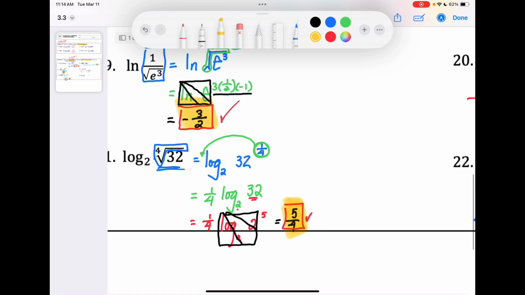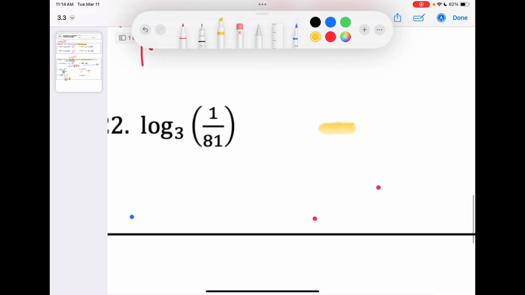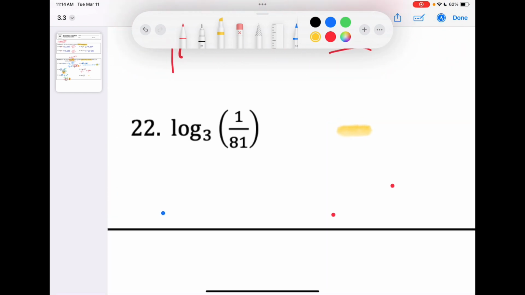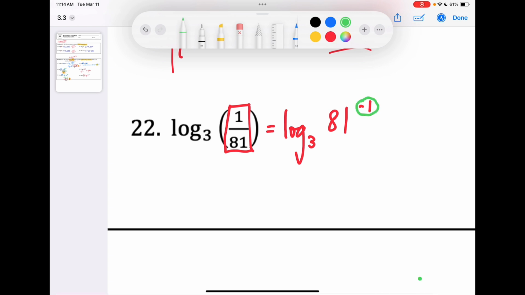Moving on, the last one. In classroom, we mentioned, what will be my step 1? Well, the more you do it, you kind of have your own system. So if you ask me, I will share with you, I do not like a fraction. So therefore, step 1, I'm going to change the 1 over 81 as 81 to the negative 1 power. Therefore, my step 2, I see the power, so I can move the power up front.